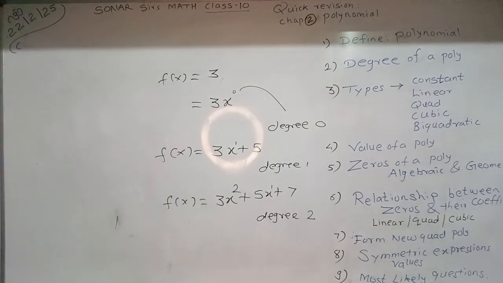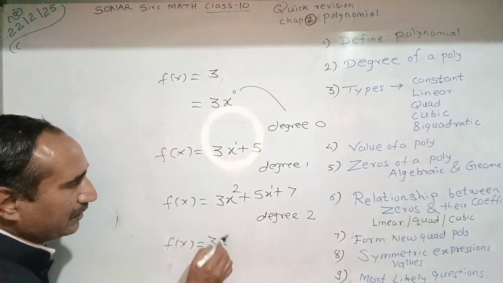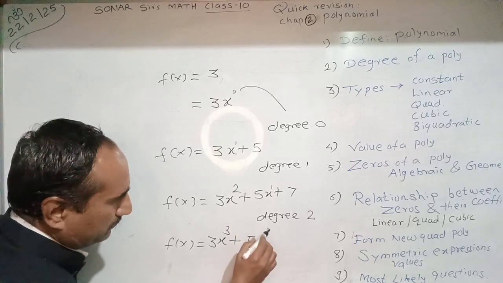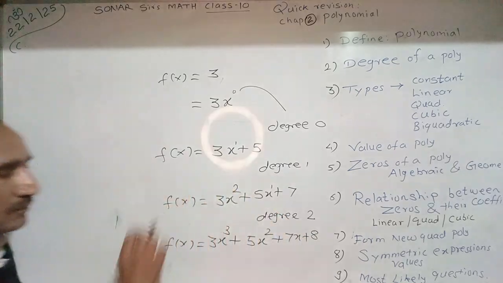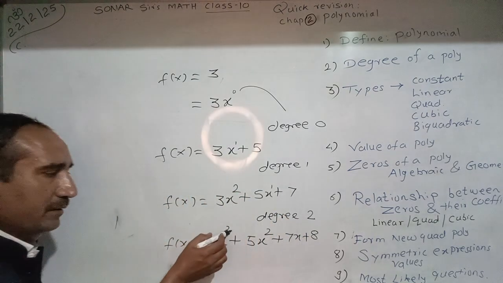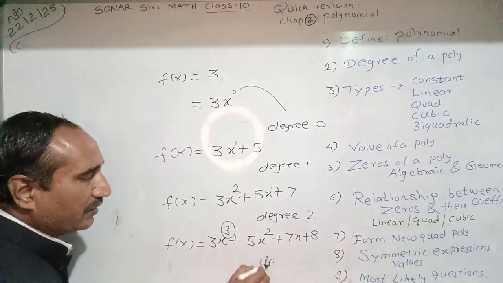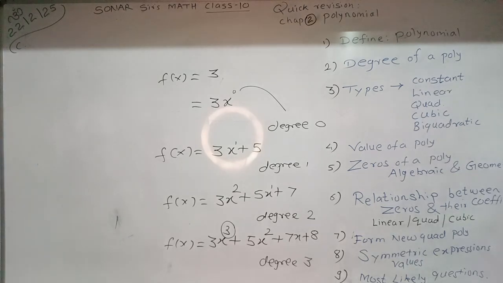Then cubic polynomial. What is the cubic polynomial? Again, we'll continue with the same example. Here, the highest power of the variable is 3. Therefore, degree of this polynomial is 3.